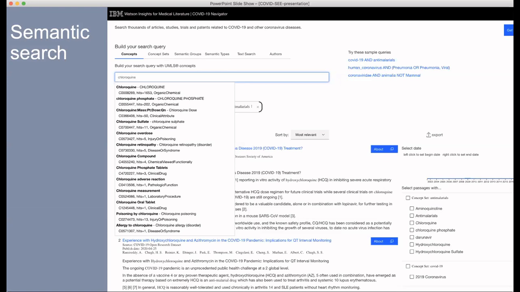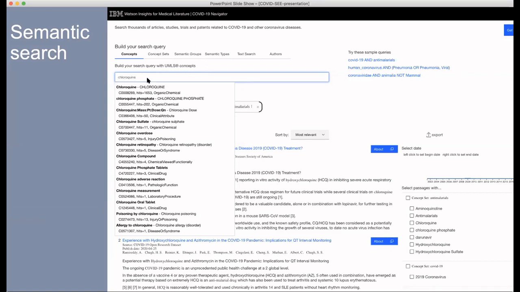With that as a foundation, you can already imagine a more semantic way of searching, which is to allow people to search through that terminology. And in fact, IBM, in their response to COVID-19, built exactly that. They built this tool called the COVID-19 Navigator, which allows people to search with UMLS concepts.